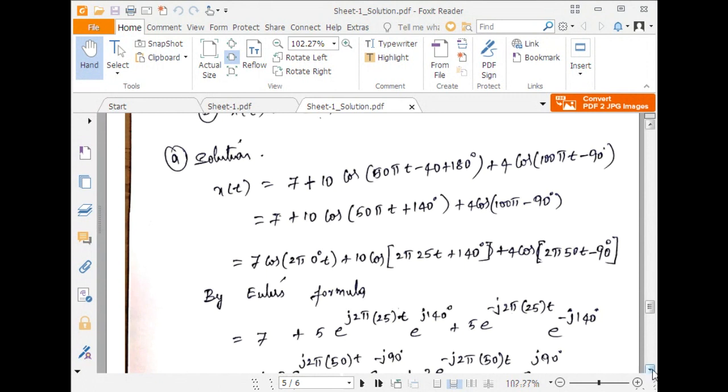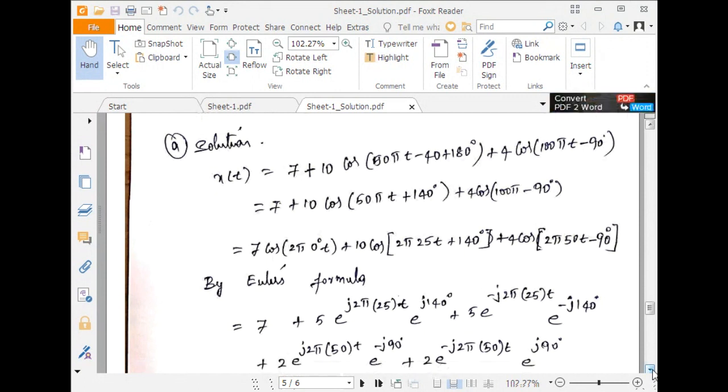But, sir, sine signal is also even. Sine signal is even? No, sorry, sine signal is odd. Cosine is even.